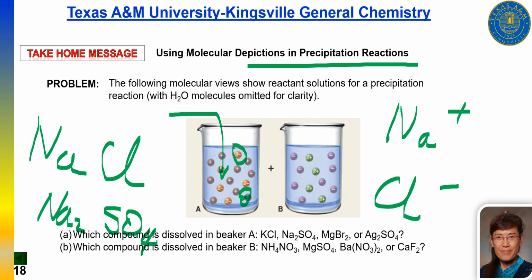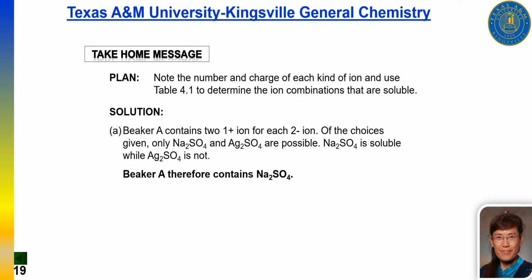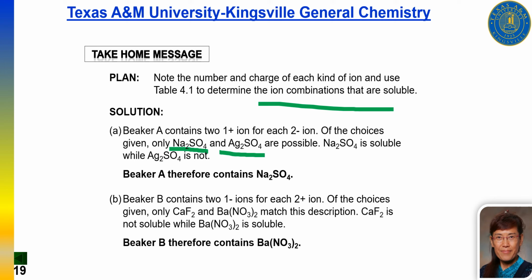In this case, how you are going to determine the amount of the different ions? For example, if you have a sodium sulfate and sulfur sulfate, I want to see what are the ions in the solution. So in this solution, you have sodium sulfate.